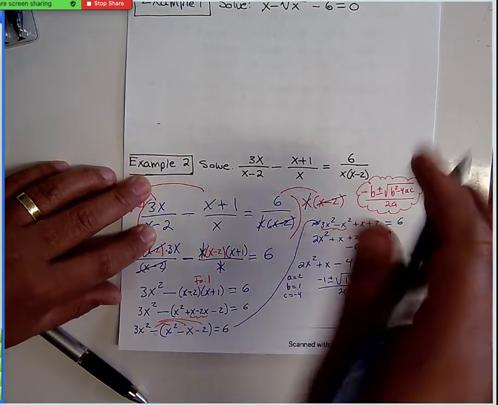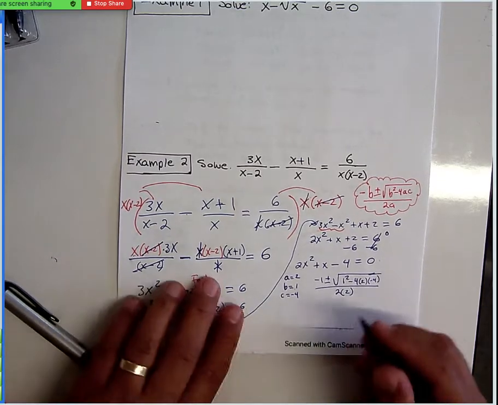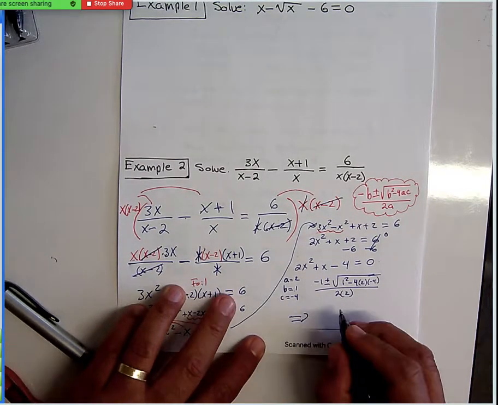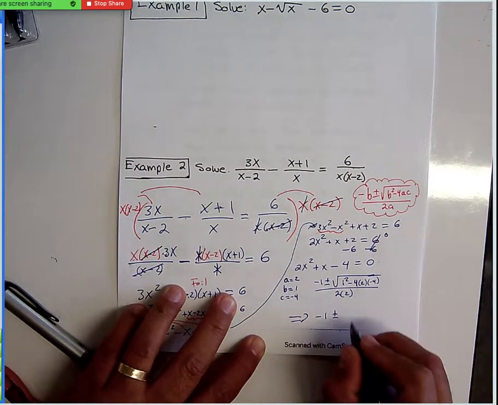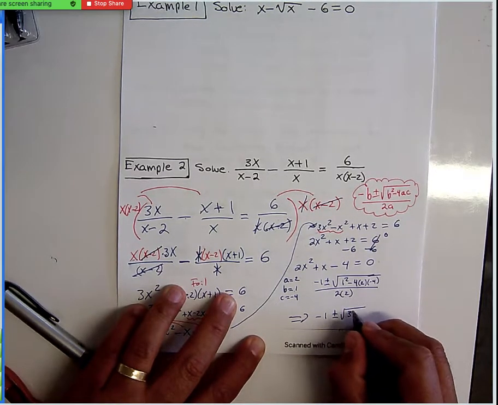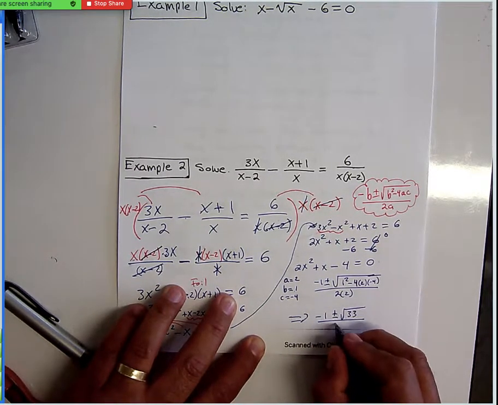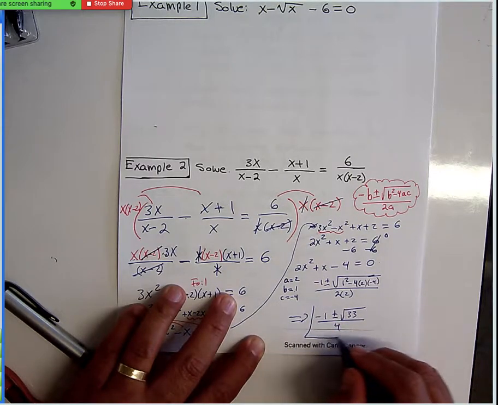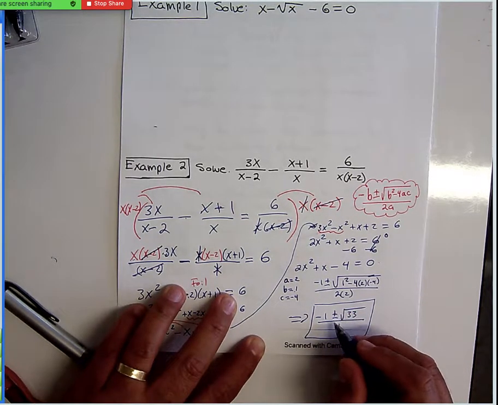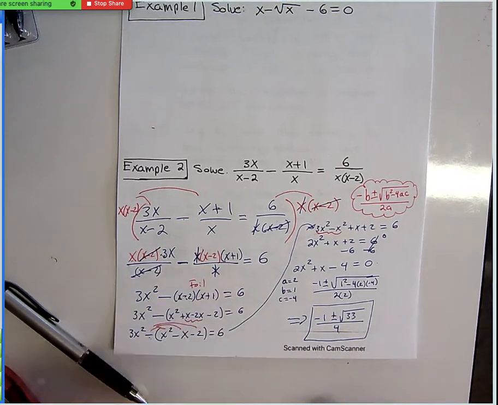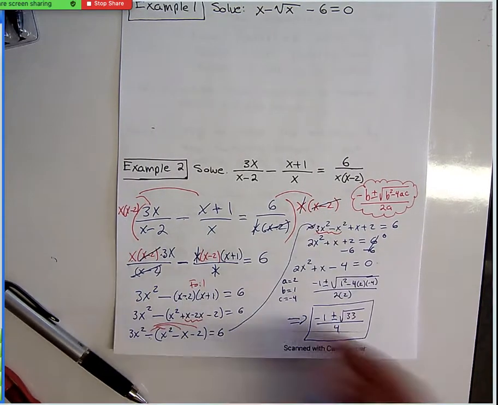If you simplify this, you would get an answer like this: negative 1 plus minus square root of 33, over 4, and that would be the answer. Remember, plus minus means you have two different answers. And that's how you do this one.